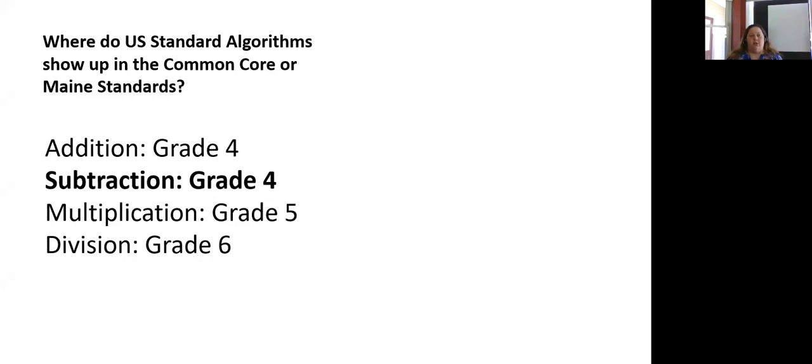So you're not just learning it starting in grade 4. You are starting with addition and subtraction strategies much earlier, probably in kindergarten. But you do not have to have fluently learned the standard algorithm until grade 4. So we'll talk about how the strategies that we're going to use in grades K, 1, 2, 3 lead up to what we're asking students to know fluently in grade 4.